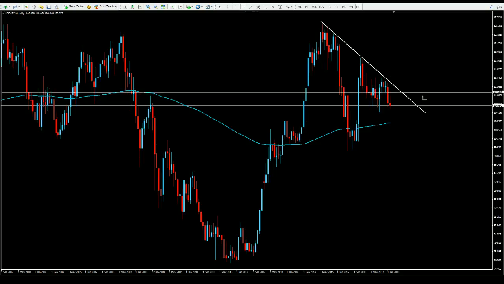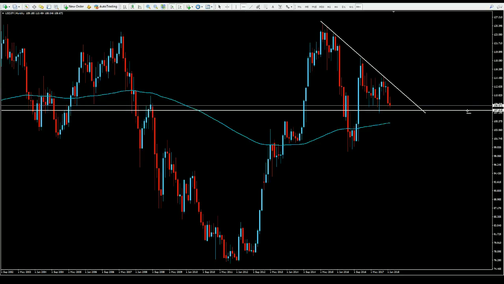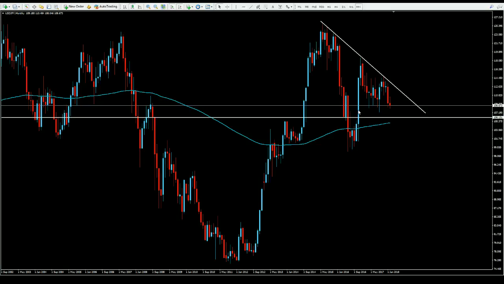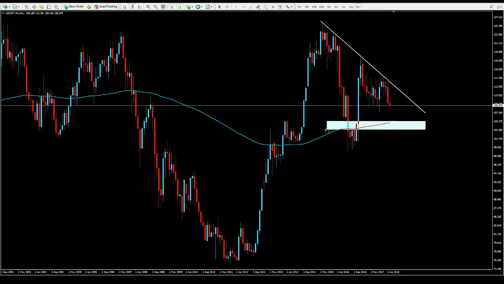And for the lower area, we can see the latest bounce was here. It came in a little bit earlier than the last time, which was here, but still all this region is a big support. So I would rather draw a rectangle here to show that this area is support.